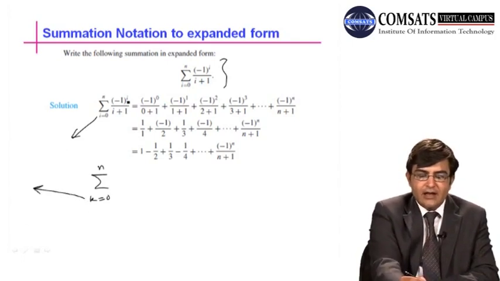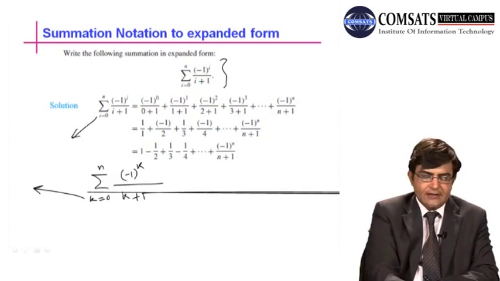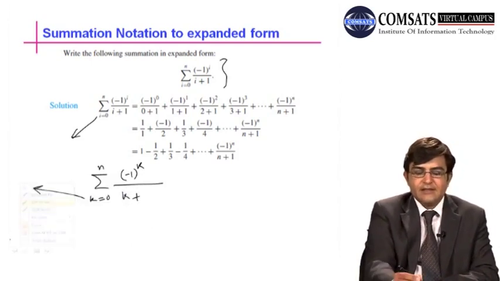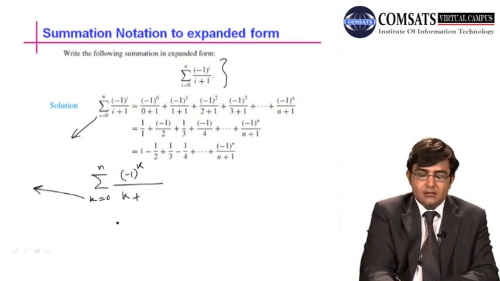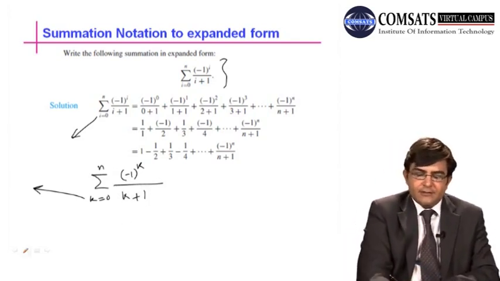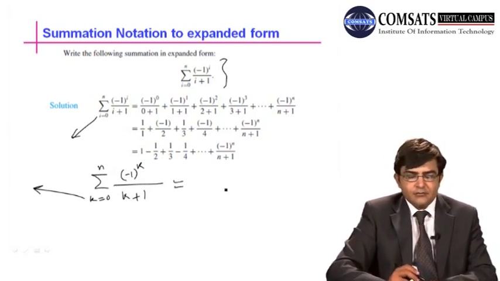First we had I, here we have k. So now we write minus 1 power k divided by k plus 1. We have replaced I by k everywhere. If we expand this or this, we get the same answer.